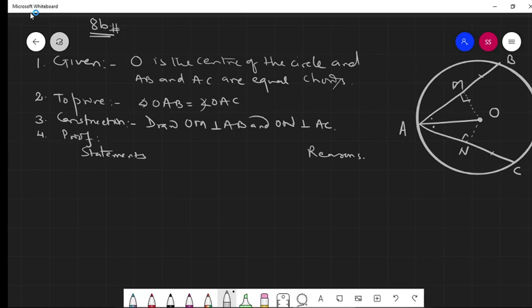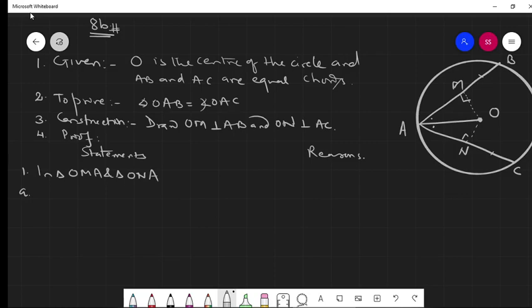In triangle OMA and triangle ONA. Number A, here these two angles are not given.